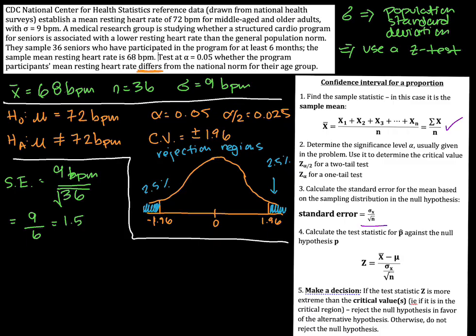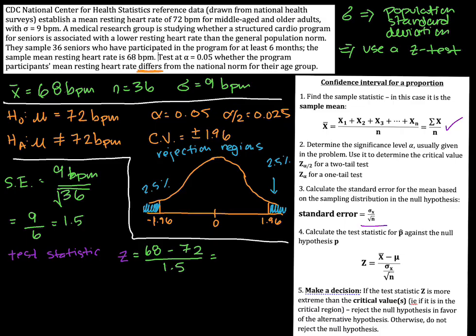So then I'm going to go ahead and calculate the test statistic. So the test statistic is z, and that's going to be equal to the mean, which is 68, minus the null hypothesis. So I should say the sample mean is 68, the null hypothesis mean is 72, and the standard error is 1.5.